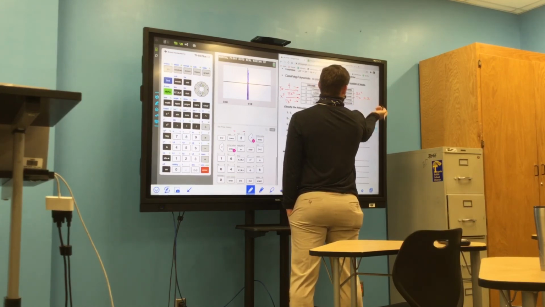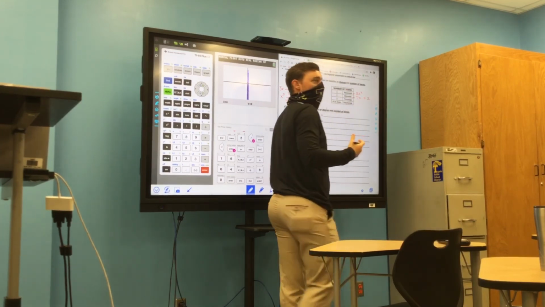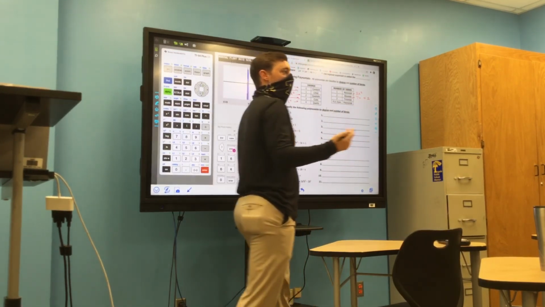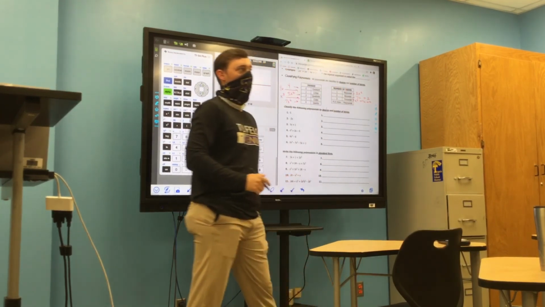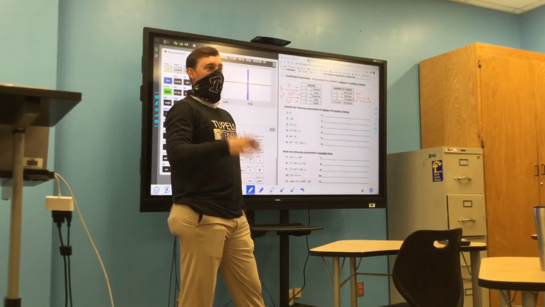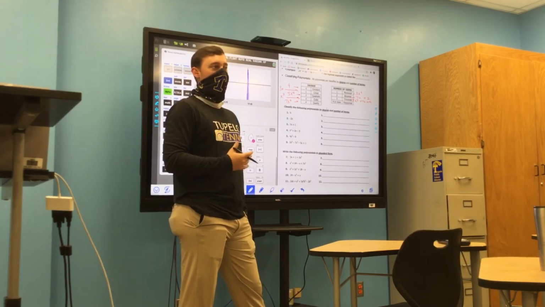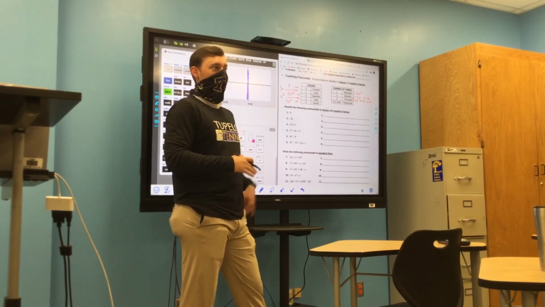A trinomial would be something like our quadratics that we're used to, the x squared plus 7x plus 9. That could be an example of a trinomial. Then a polynomial is everything else, anything 4 or more terms.